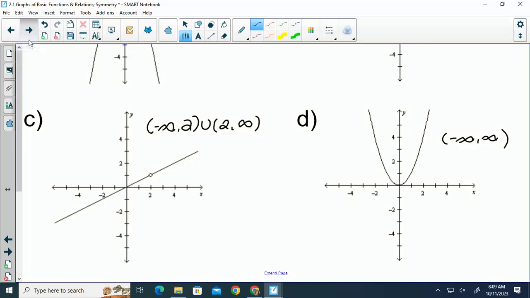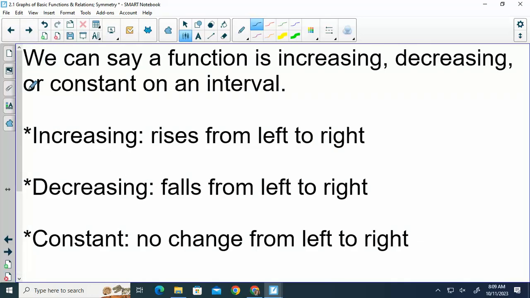The second property we're going to talk about today is increasing, decreasing, and constant. So we use these same terms in talking about lines. We said, if the line had a positive slope, it was increasing, a negative slope was decreasing. What kind of function was constant? Or when we're talking about lines, what does it take to be constant?